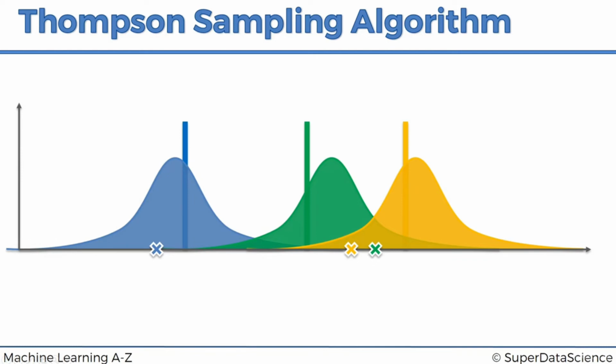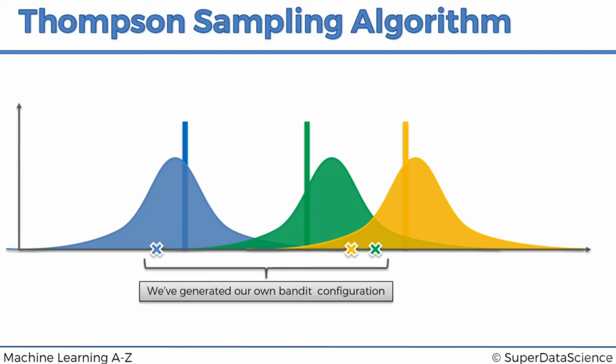And so now it's picked these values, and guess what that means? What this actually means is that by doing that, we have generated our own bandit configuration.